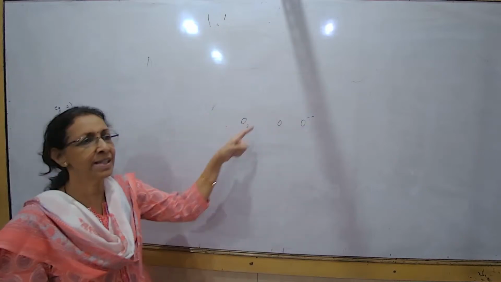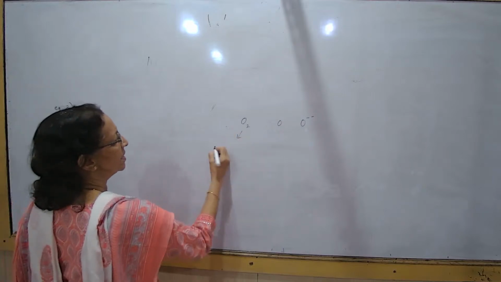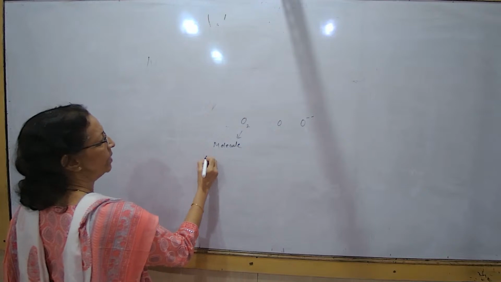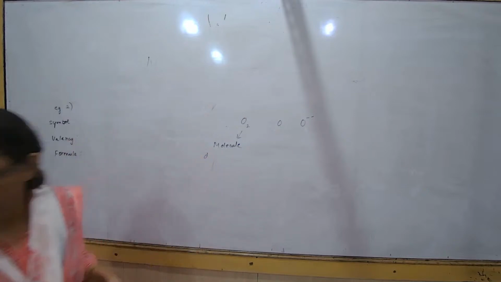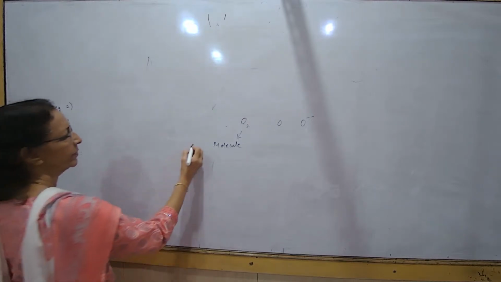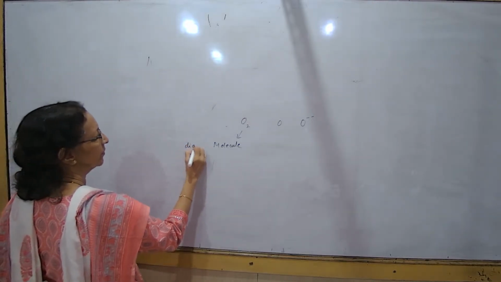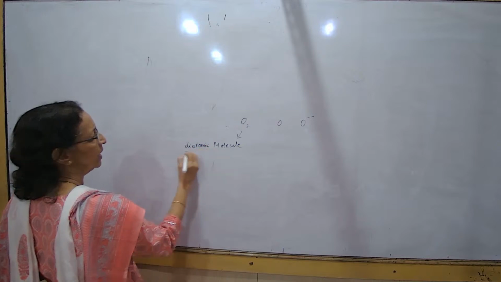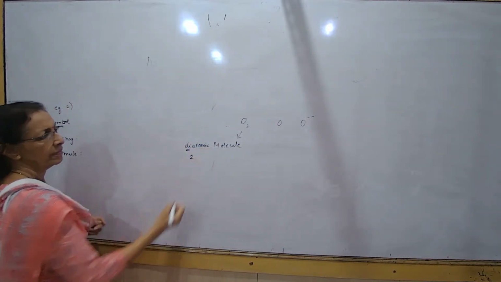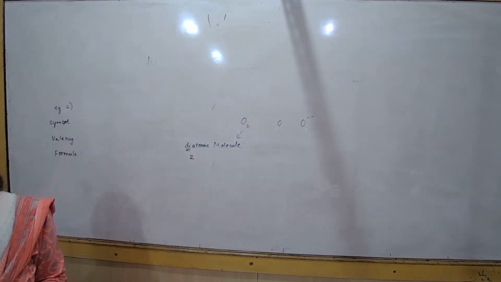Okay. So take up this example now. This is a molecule. What type of a molecule? It is a diatomic molecule. What is the meaning of diatomic? Di means two.